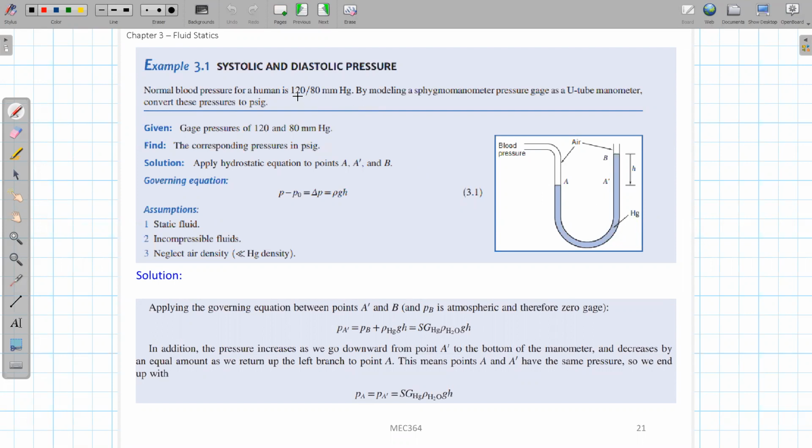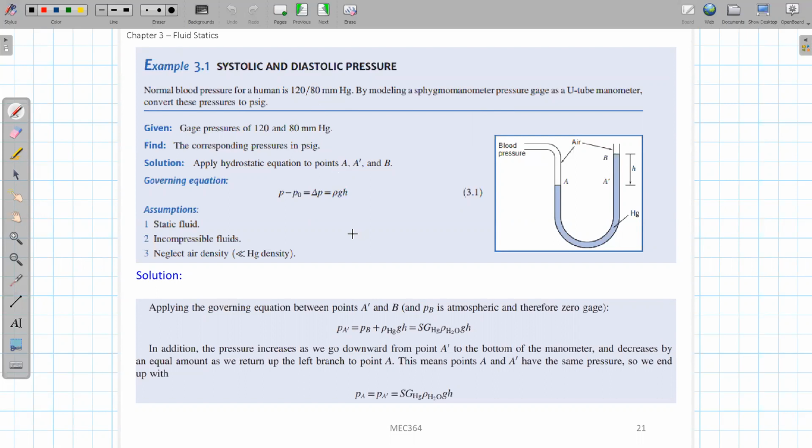The normal range for the high number is 120 millimeter Hg, which means this h here will be 120 millimeters. The low number is 80 millimeter mercury, which means for the low pressure the height difference h will be 80 millimeters. This is a conversion, and we want to convert this reading to a pressure value in psi.